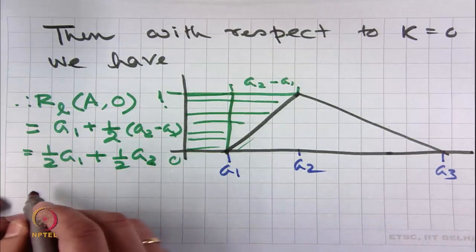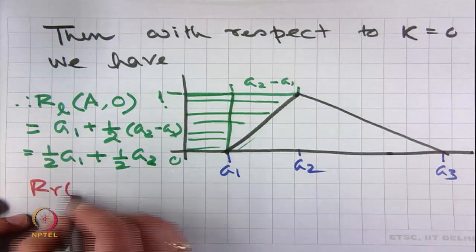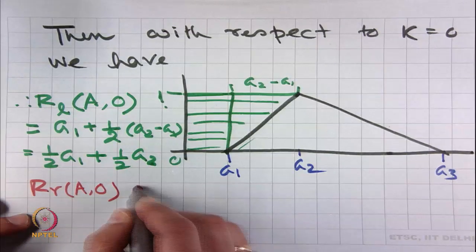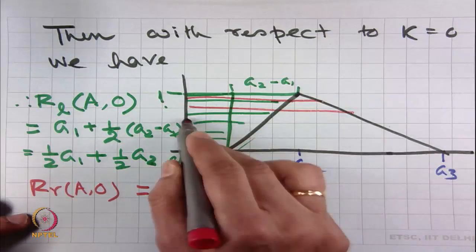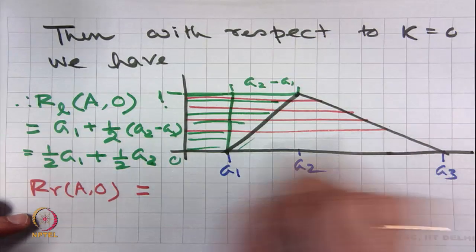Now, R R of A comma 0 is equal to this entire area, as I have explained before.